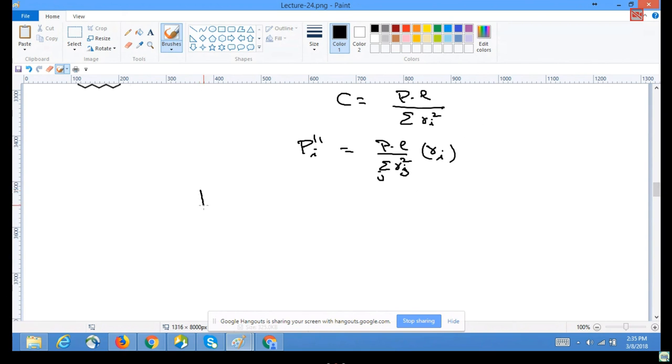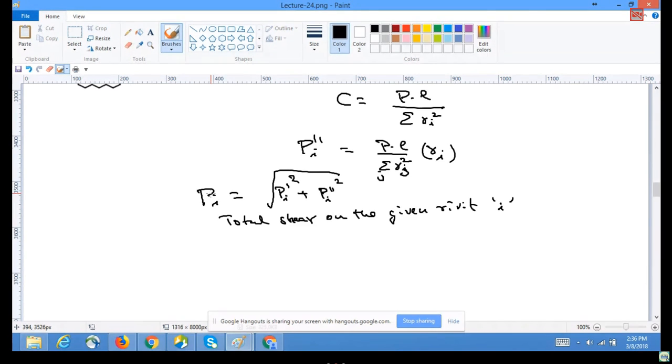Then your total shear is the square root of Pi dash whole square plus Pi double dash whole square, which will give you your total shear on the given rivet. So check Pi for the given corresponding shear strength, PS allowable.